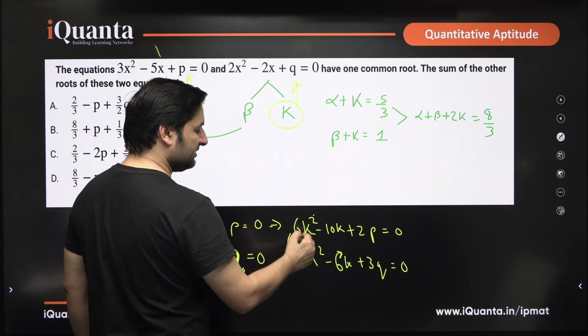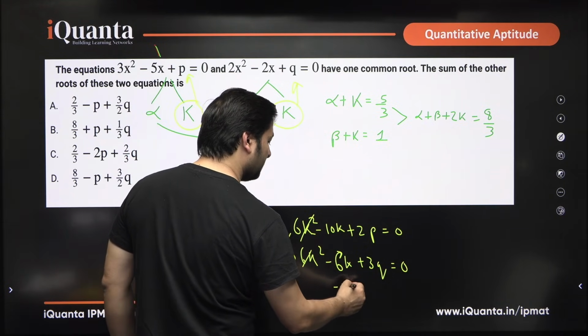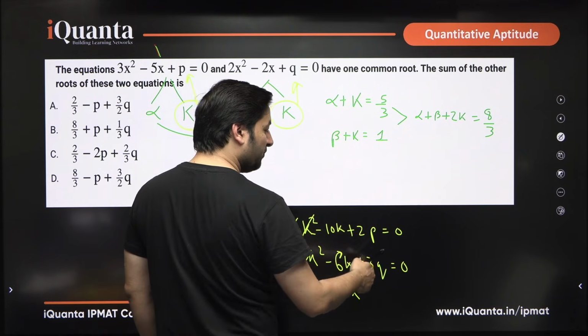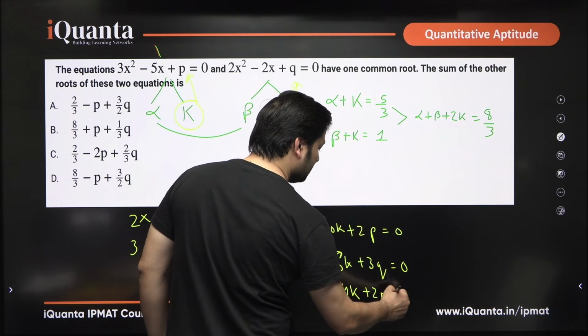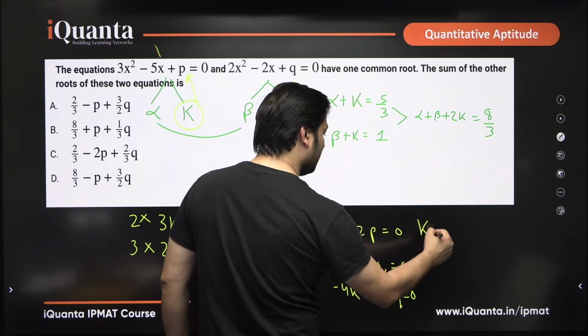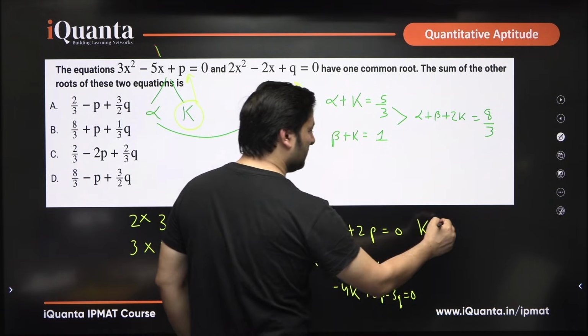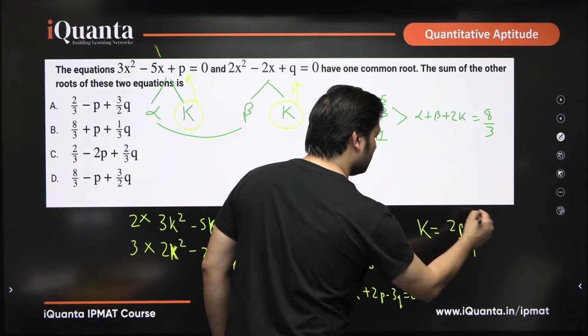If I subtract, the k² terms cancel. From −10k, subtracting −6k, you get −4k, and 2p − 3q equals 0. If you find the value of k here, k will be (2p − 3q) by 4. This is the value of k.